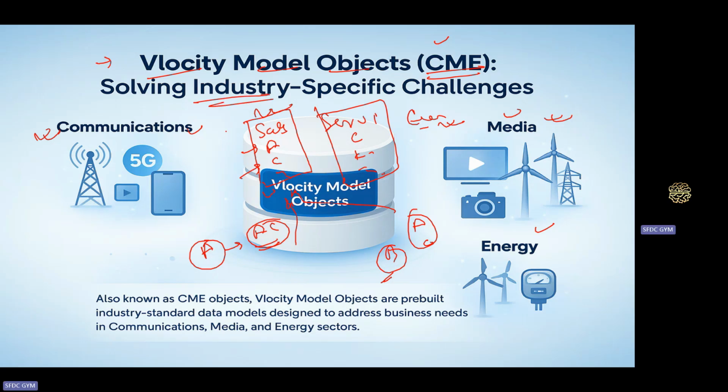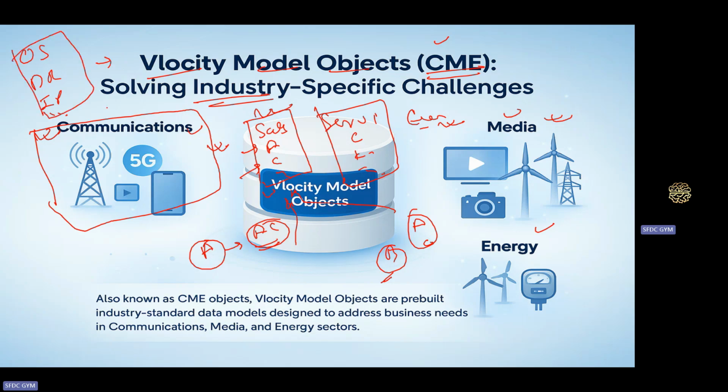So wherever you read the words industry cloud, that means on top of Velocity, on top of your OmniScript, your DataRaptors, integration procedures, and all other things, they have also created some specific objects for those industries. And now, if you want to configure your Salesforce for the communication domain, then you will get all those things we have discussed till now, plus communication.